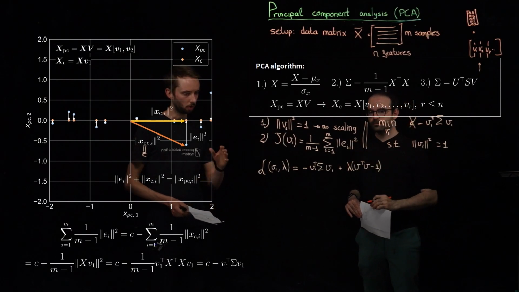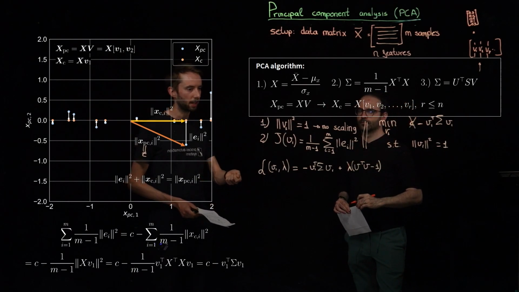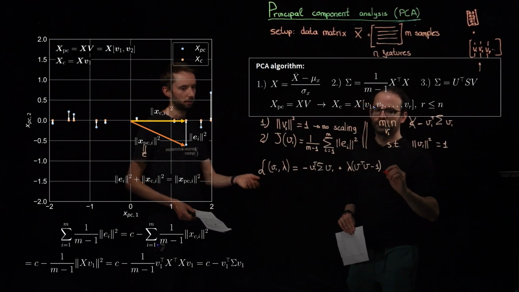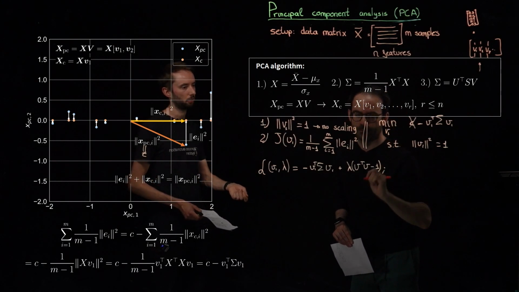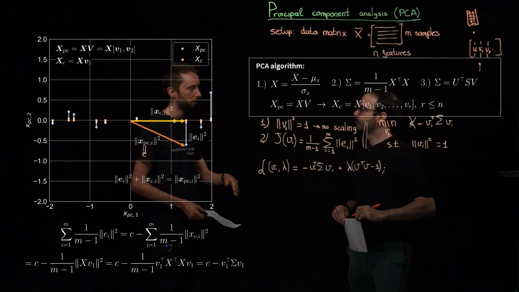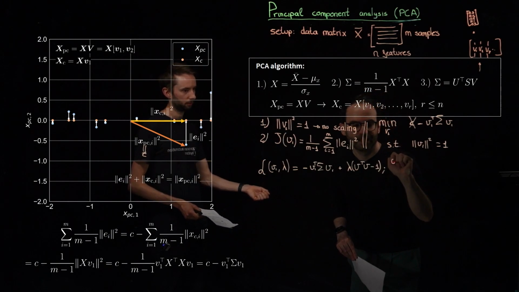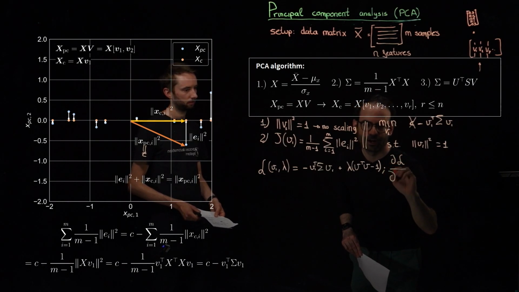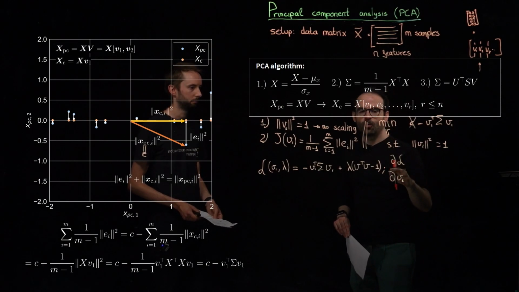So, you said this is the Lagrangian, and then the next step was to apply the conditions of optimality, which basically means the derivative of the Lagrangian with respect to V1 has to be equal to 0. Exactly. If you remember from optimization theory, the derivative of the Lagrangian with respect to V1 should be equal to 0. So what is the derivative?